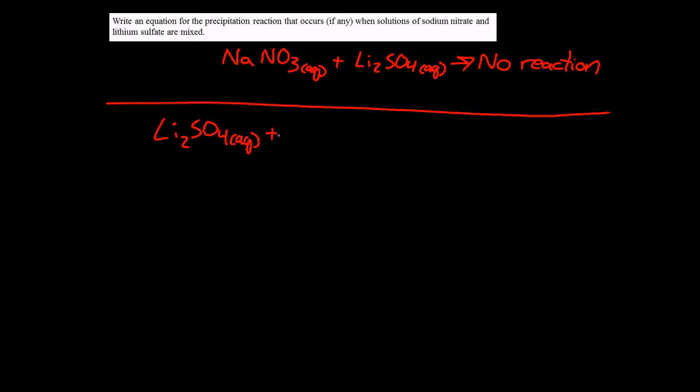But now instead of sodium nitrate, let's do lead nitrate. That is something that is soluble. So we have lead 2 nitrate with lithium sulfate. So go ahead and take a look at this one. Pause the video and see what you can work out for this possible reaction.